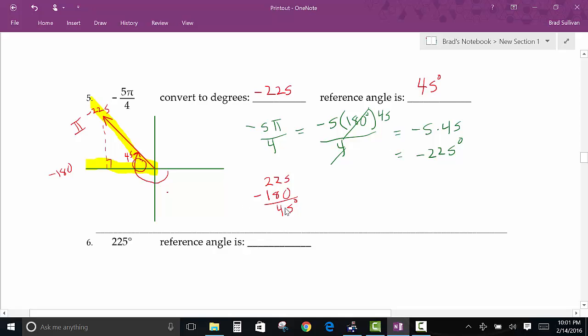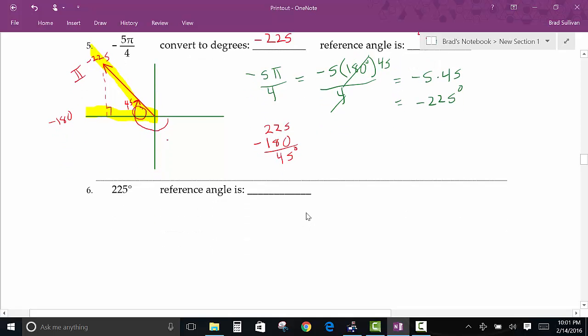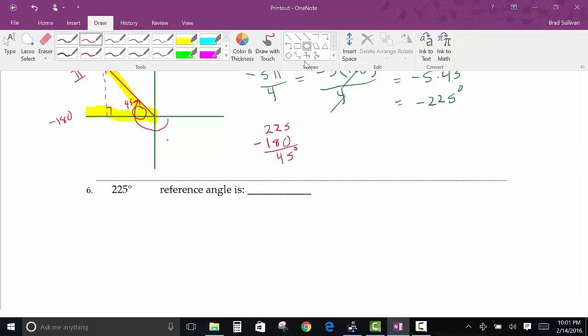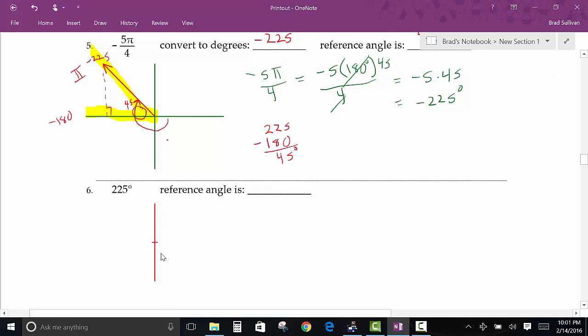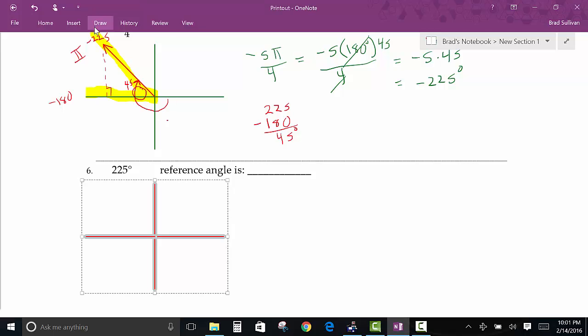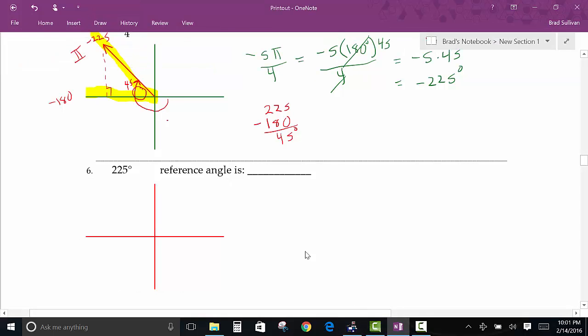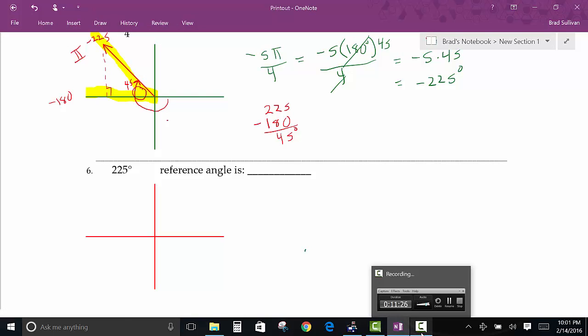Okay, the next problem looks like it'll be just about the same, but in a different quadrant. Let's go ahead and crunch that out. If I draw a graph on this, what you're going to have in this quadrant is a counterclockwise angle.